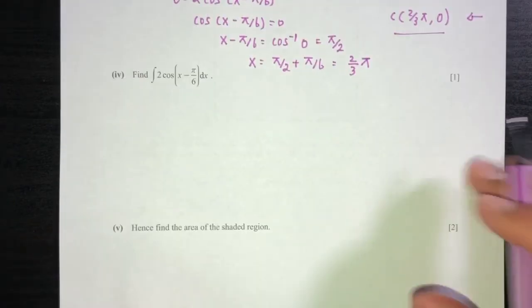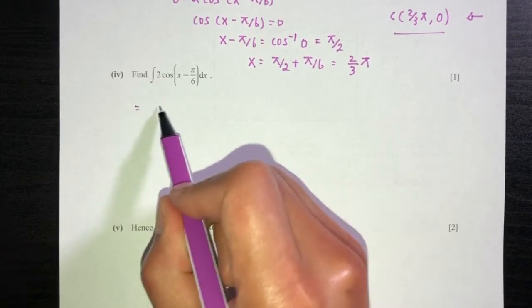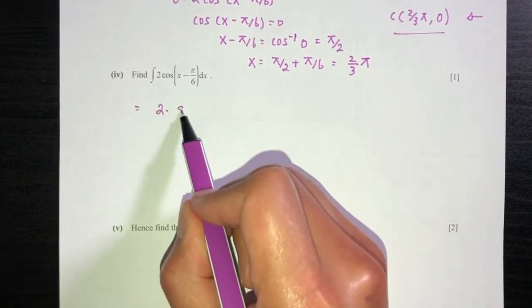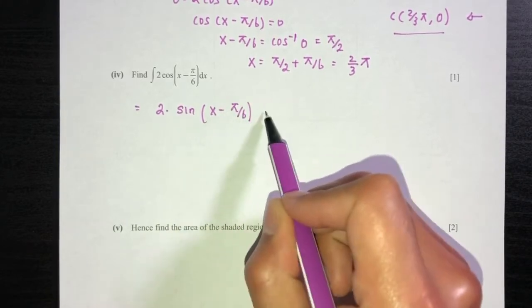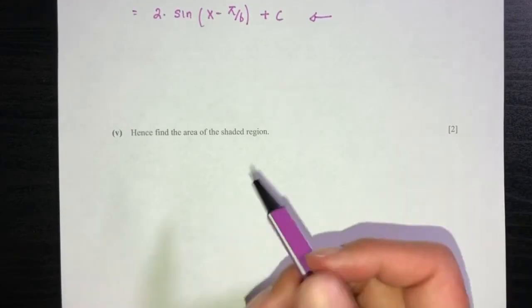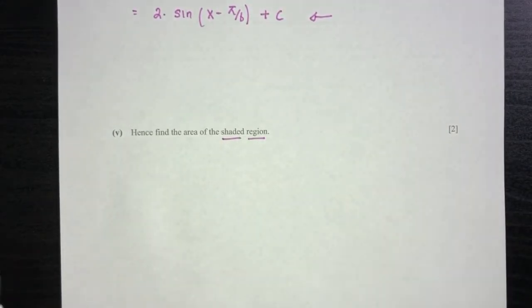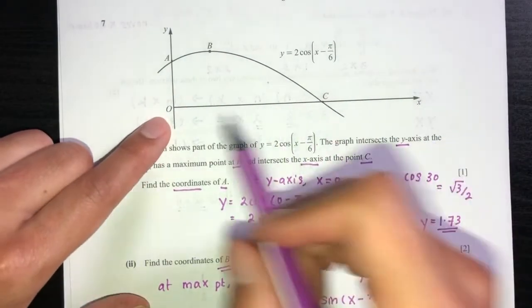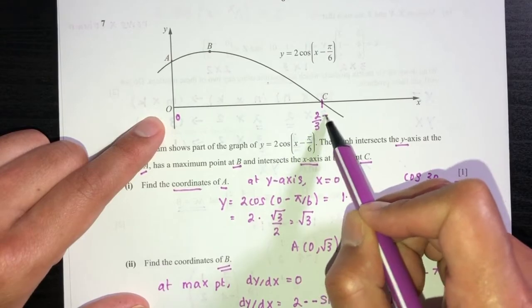Now for part 4, find this integration. It's pretty easy. So the integral of 2 cos will be 2 sine of (x minus pi by 6) plus c. That will be your integration. Now hence find the area of the shaded region. If you observe, the region is between 0 and this value, 2 over 3 pi.